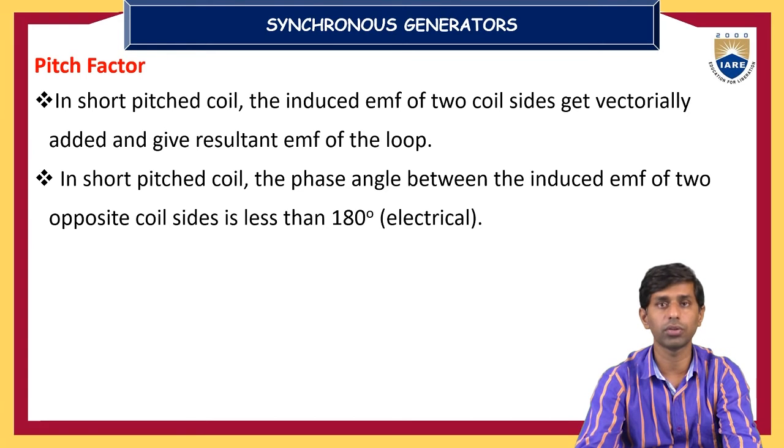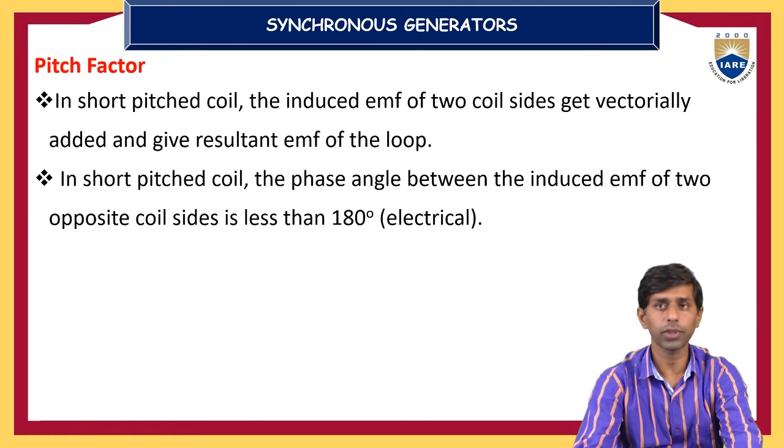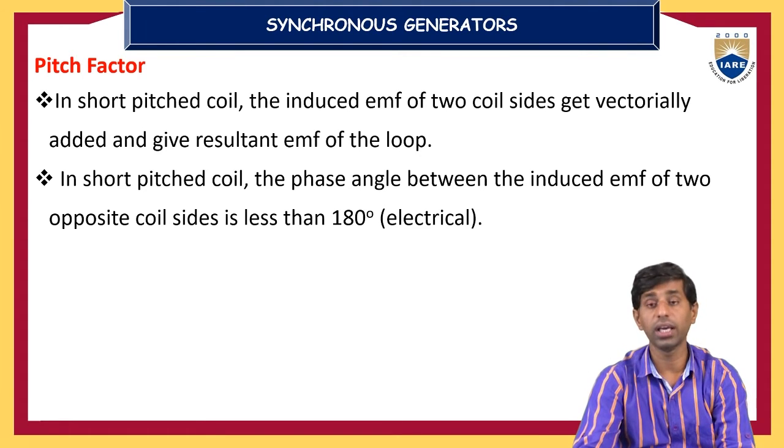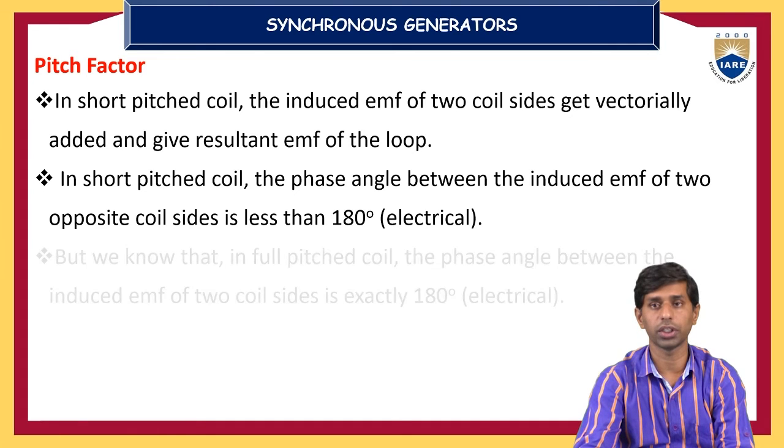Obviously the arithmetic addition of the induced EMF is higher than the vector addition. So in a short pitched winding, the induced EMF may be reduced, but the output sine wave will be more clear.